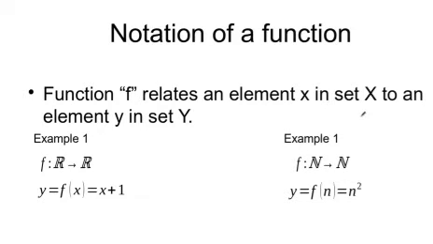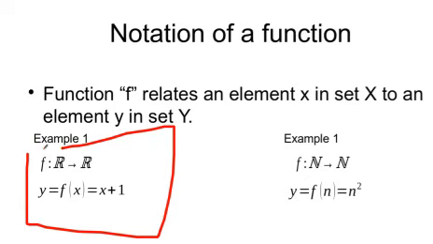There's another example here. I think this is the same example we saw earlier. Here the set of counting numbers or natural numbers is mapped to natural numbers as well. So what is the function here? y is a function of n. The rule is given by n squared, right?